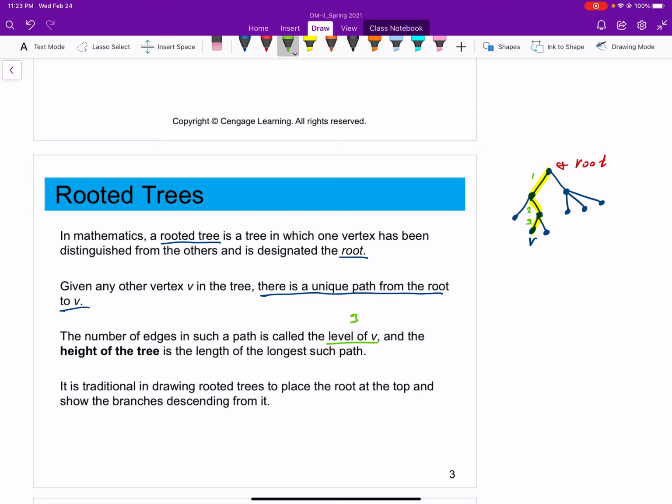And the height of the tree is the length of the longest such path. In this graph, the length of the longest path is 3. So the height of the graph is 3.